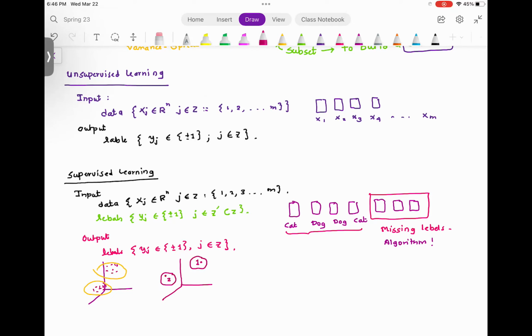As soon as I get a new flower, the algorithm would either place that in bin number 2, or it can place it in bin number 1. This is because the algorithm is trained so that it can look at the different features and use that to place it in different types of bins.